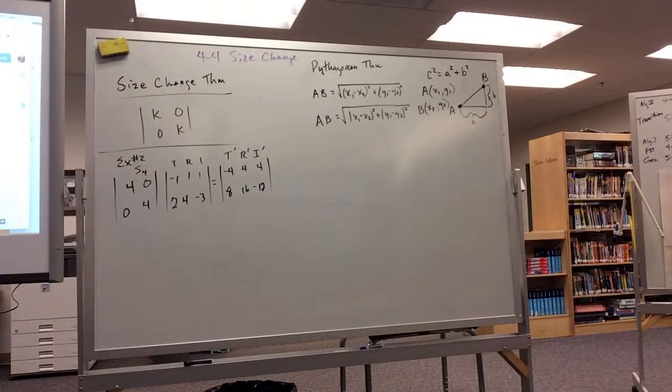So with this little half-house shape here, when you multiplied by 2, 0, 0, 2, all of the lengths ended up being twice as long. It was twice as tall. This from M to R was going to be twice as long, and it's twice as long because of the Pythagorean.